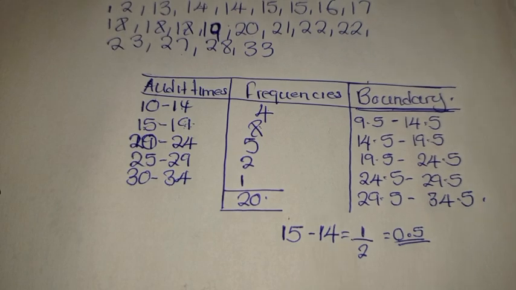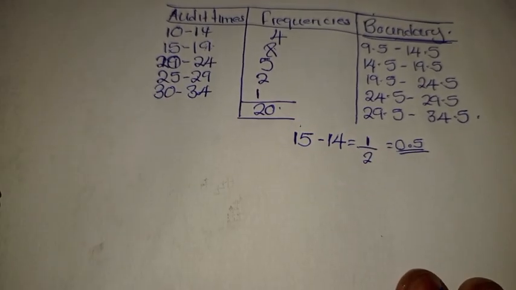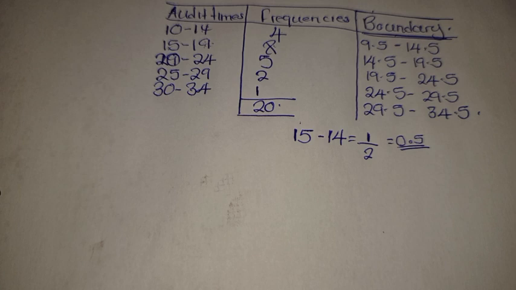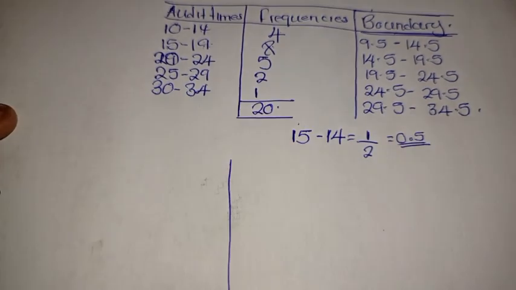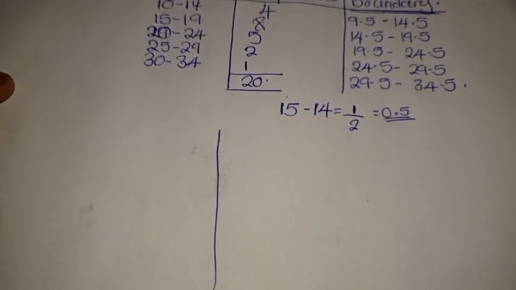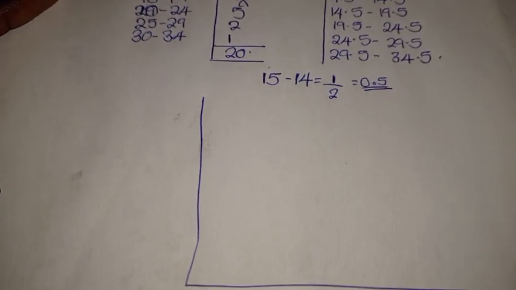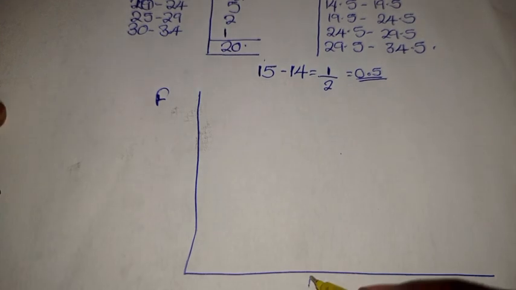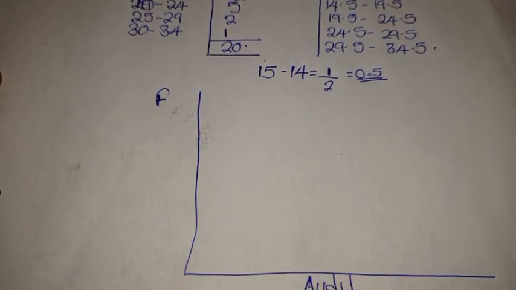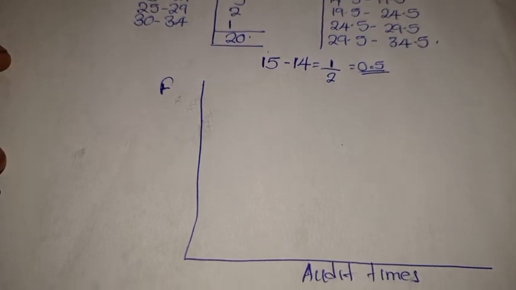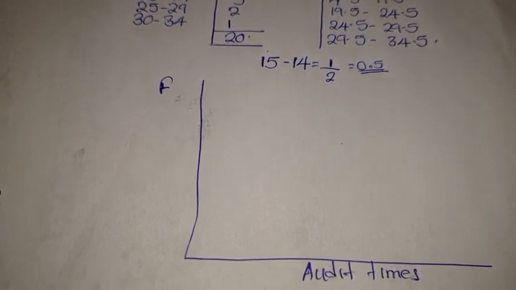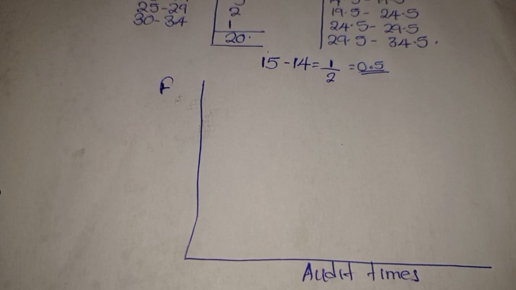So for you to be able to construct the histogram, remember, you just draw an L shape where on this side you have your frequency, and on this side you have your audit times. What you basically do here is something very simple.